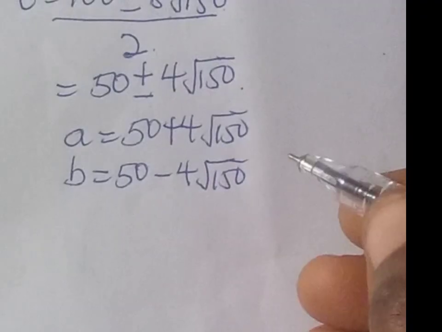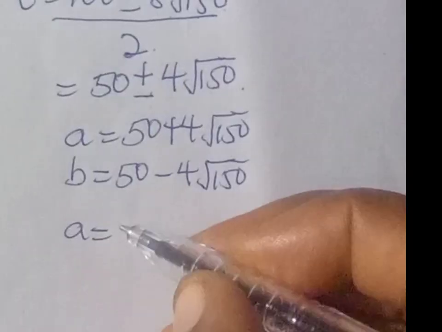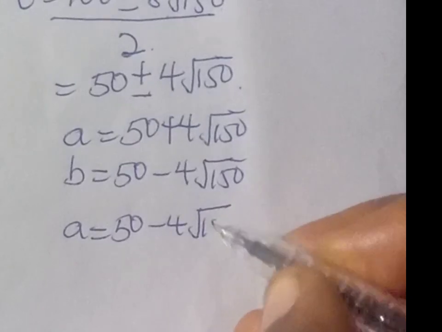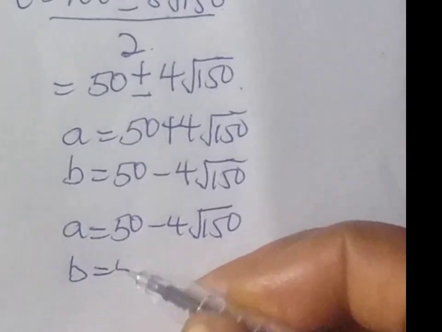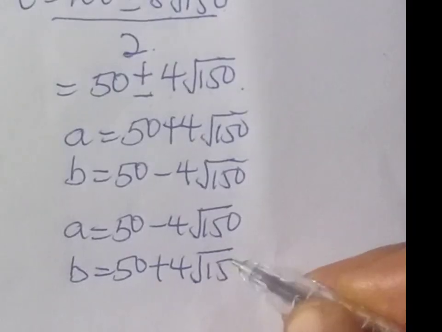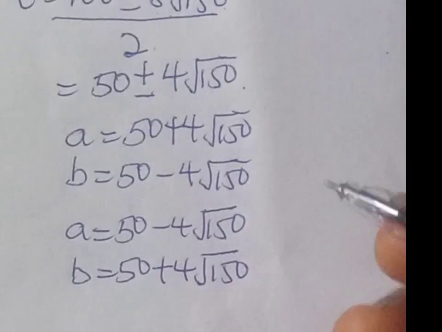Or you can change it the other way around, that is A equals 50 minus 4 root 150 and B equals 50 plus 4 root 150. The two solutions are the same.